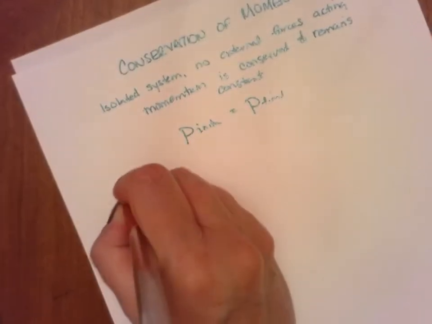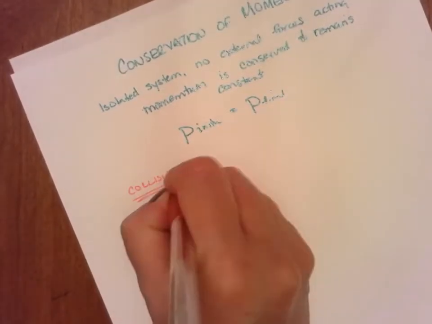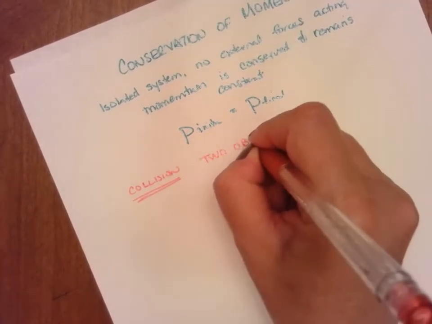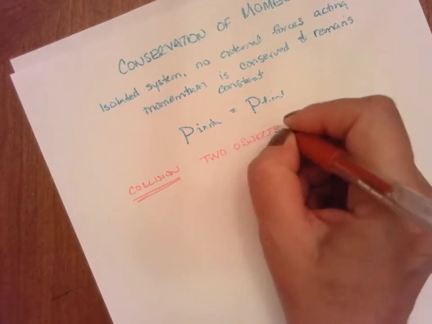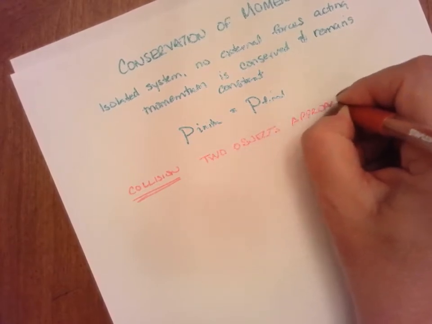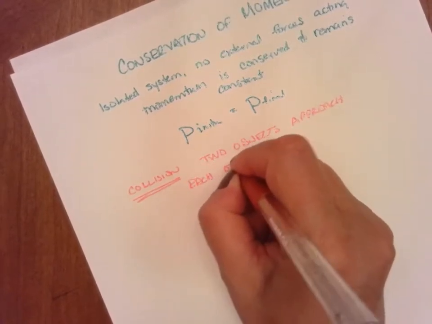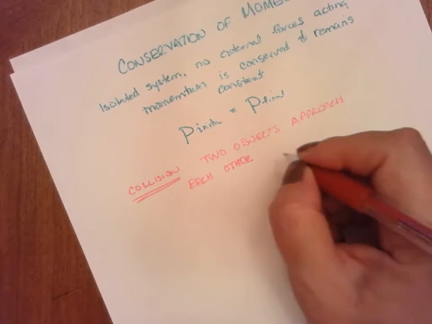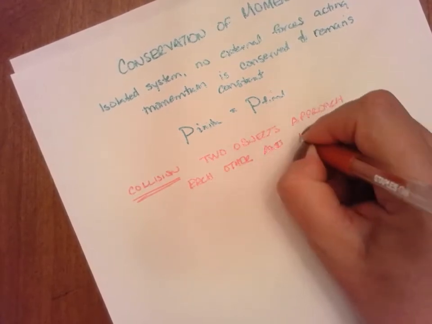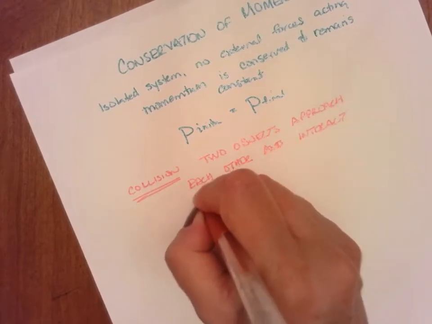When we have a collision, we have two or more objects that approach each other and interact briefly.